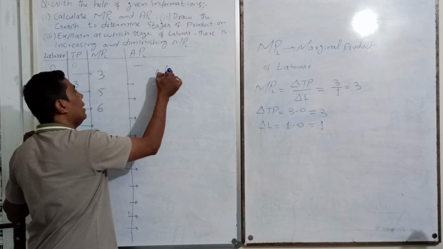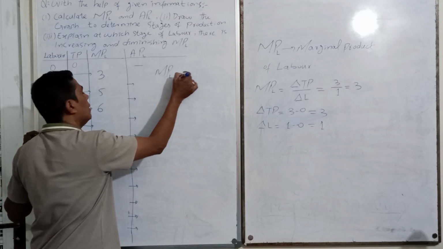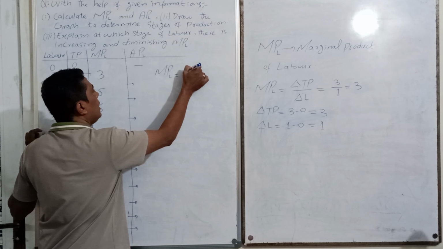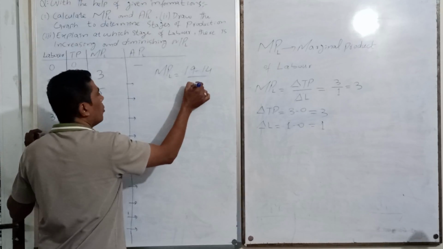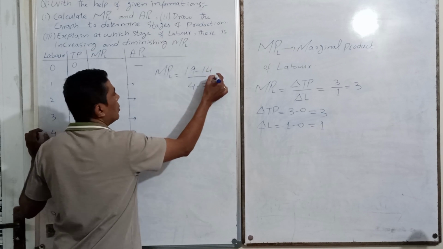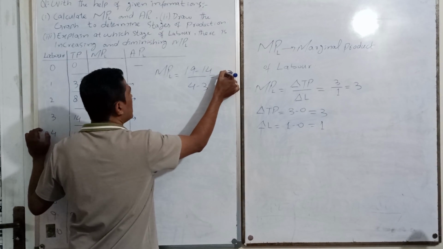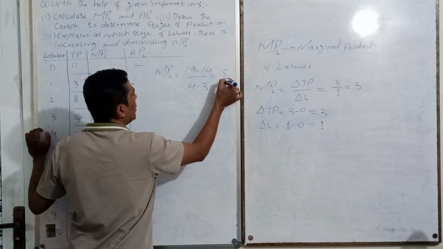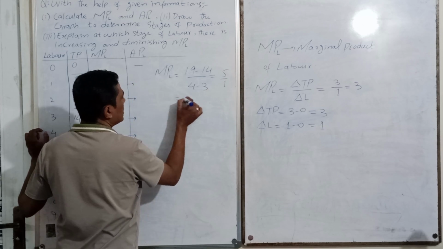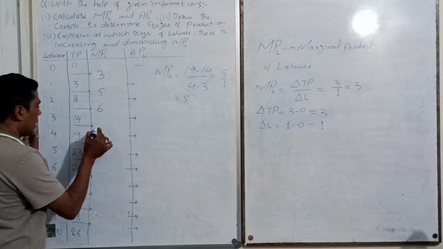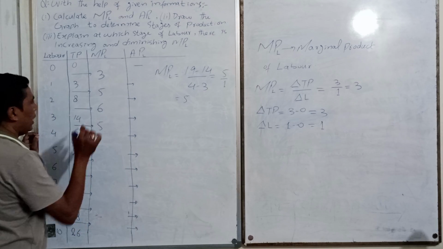So MPL equals 19 minus 14 divided by 4 minus 3. So 19 minus 14 is 5, divided by 1. So your answer is 5. Again your MPL is 5.